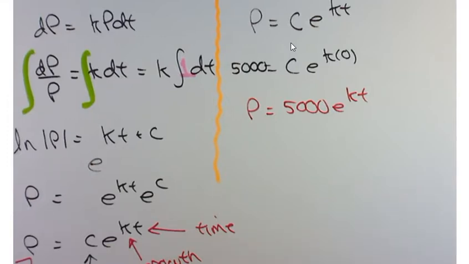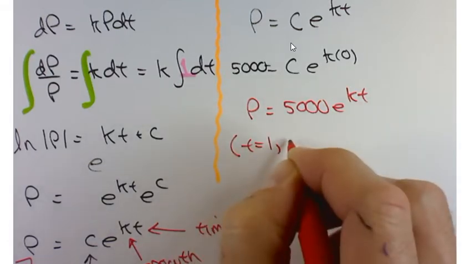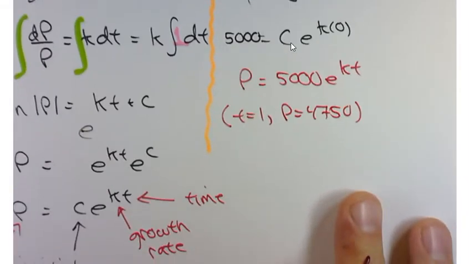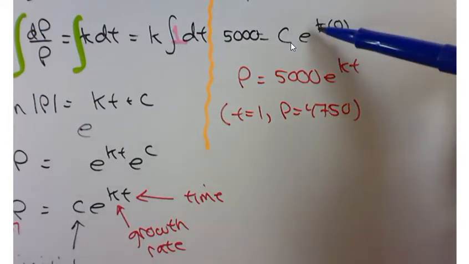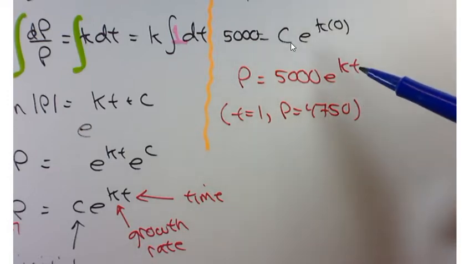It tells me something else. It tells me that P is 4,750 when t is 1. So t equals 1, P is 4,750. If you take a look at things, what that's going to allow us to do is solve for k, because we'll know what t is, we'll know what P is.